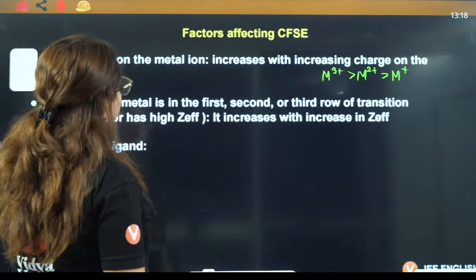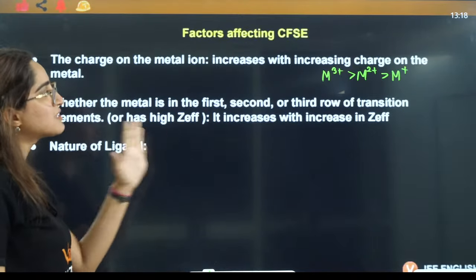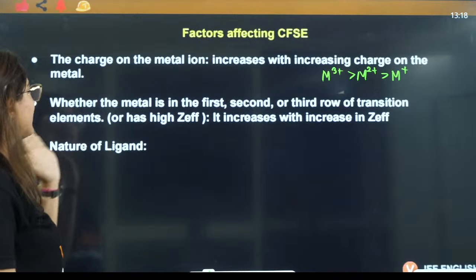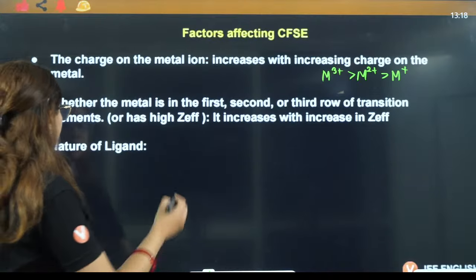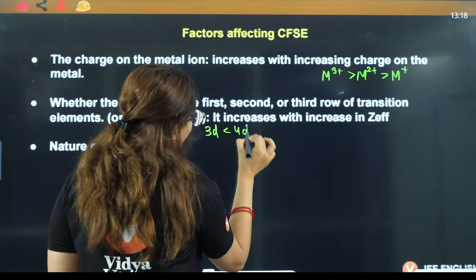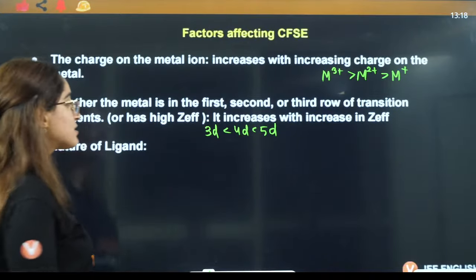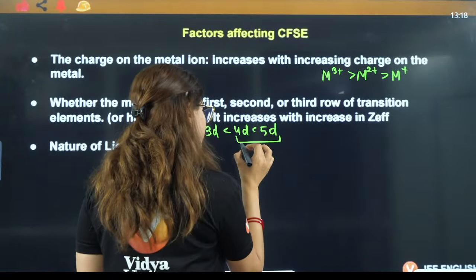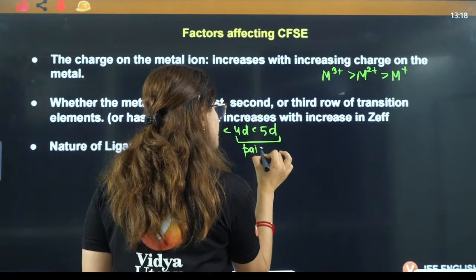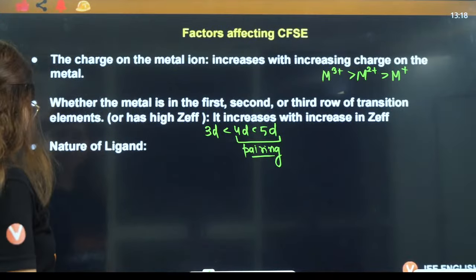Whether the metal is in the first, second or third row of transition elements, it increases with increase in Zeff. So 3d has minimum, then 4d, then 5d has maximum CFSE. In fact, this is so high that they always cause pairing.